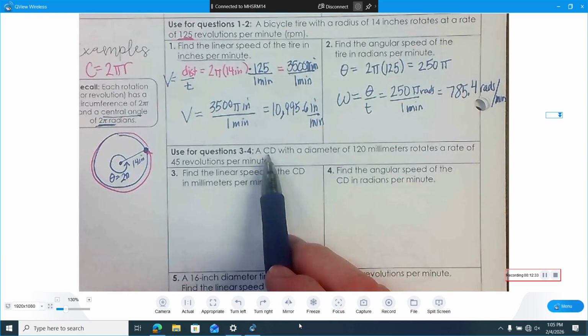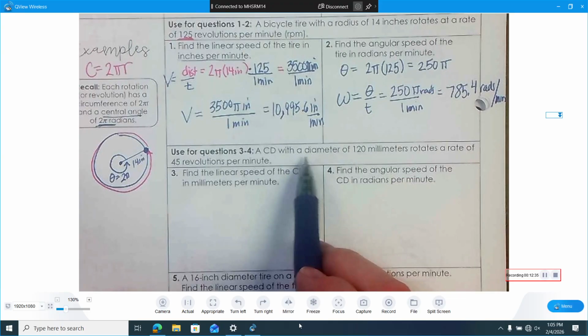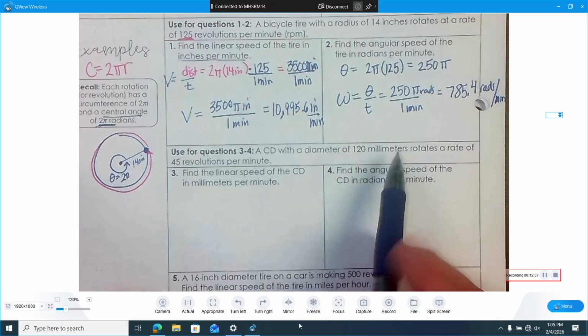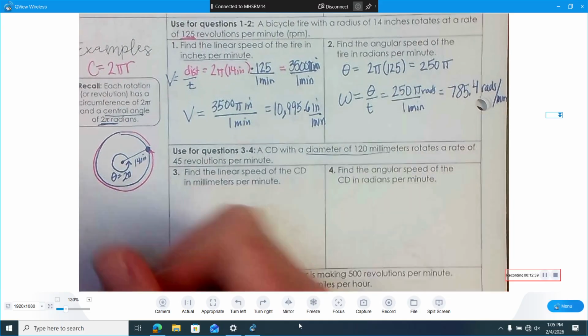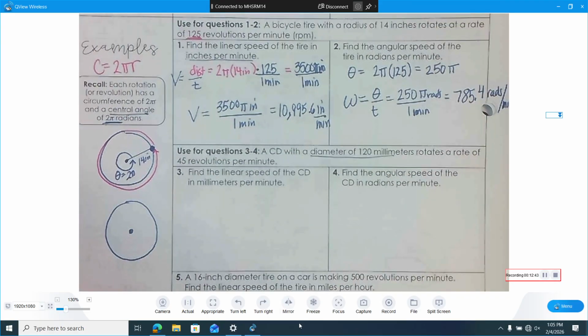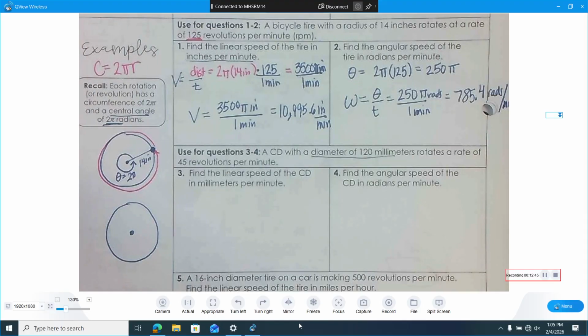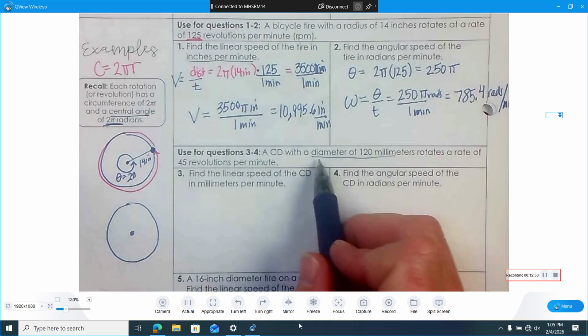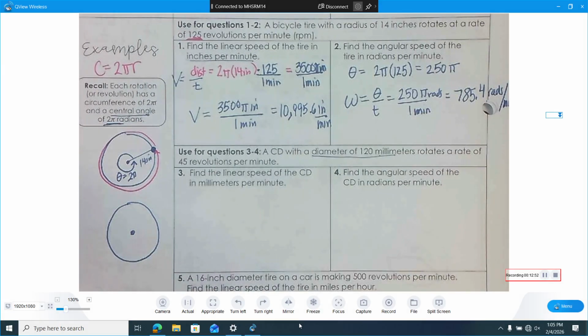Now for 3 and 4, a CD with a diameter of 120 millimeters. Again, I'm going to draw a picture. I have a CD. Have you guys used a CD before? Yeah. Oh, that's good, just checking. It has a diameter of 120 millimeters.